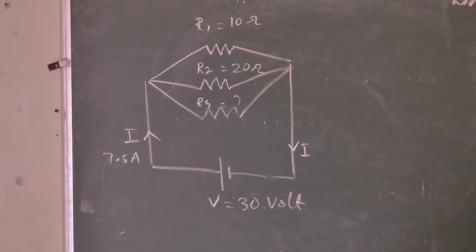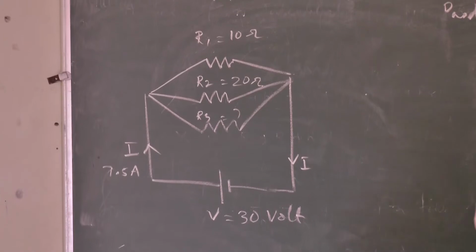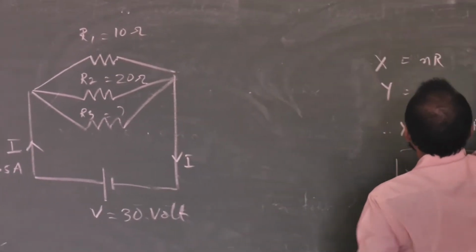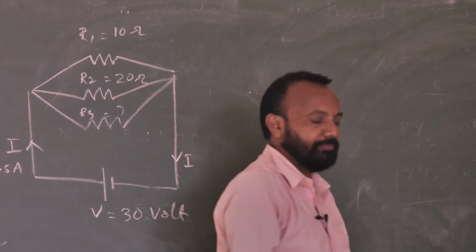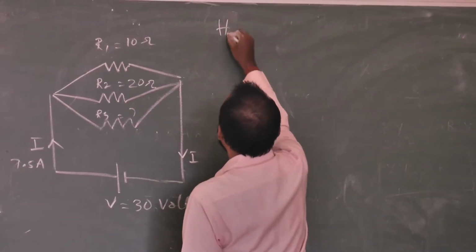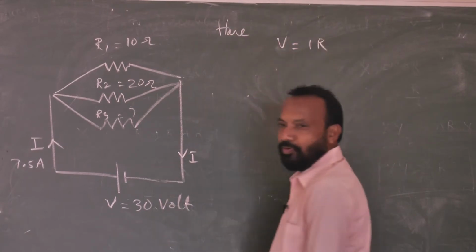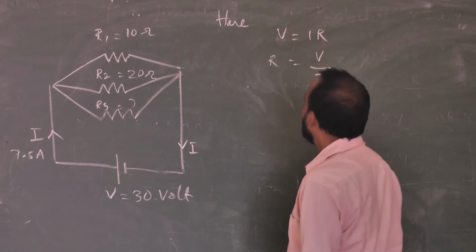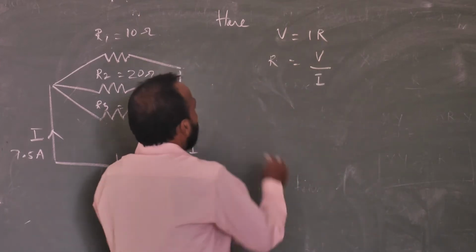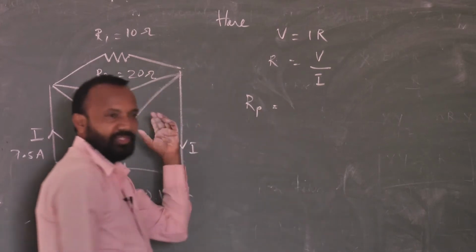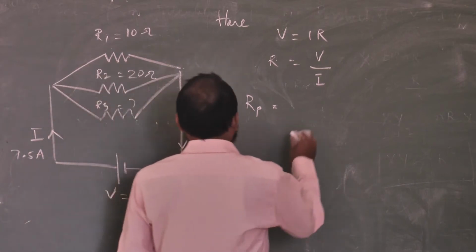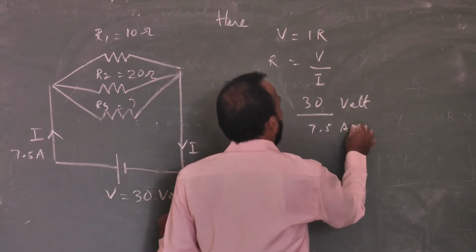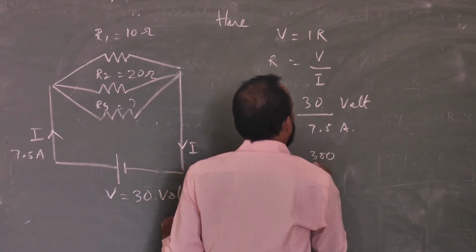According to Ohm's law, V is equal to IR, so R is equal to V by I. Here R parallel is equal to V by I, which is 30 volt over 7.5 ampere, that is 300 divided by 75.